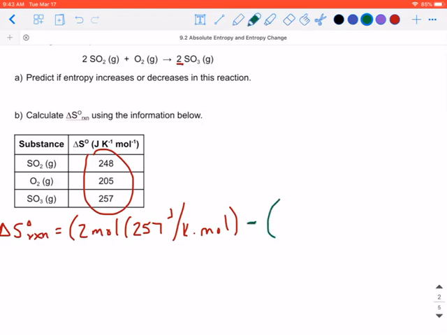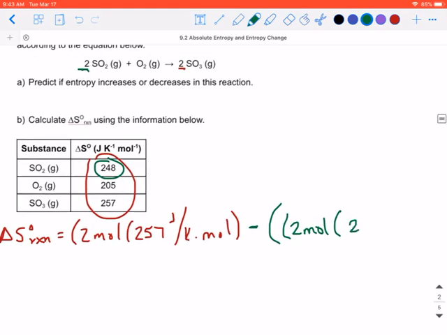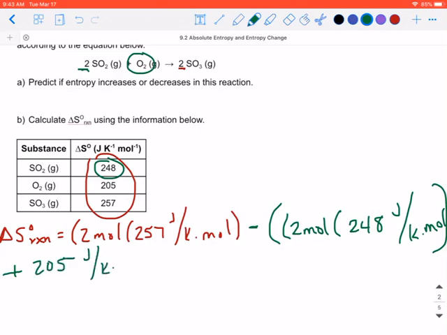So minus, I have 2 moles of SO2, so minus 2 moles times SO2's entropy, which is 248. And then I'm going to add that, because I have another reactant. O2, I only have 1 mole of O2, so I just say plus 205 joules per Kelvin times mole.